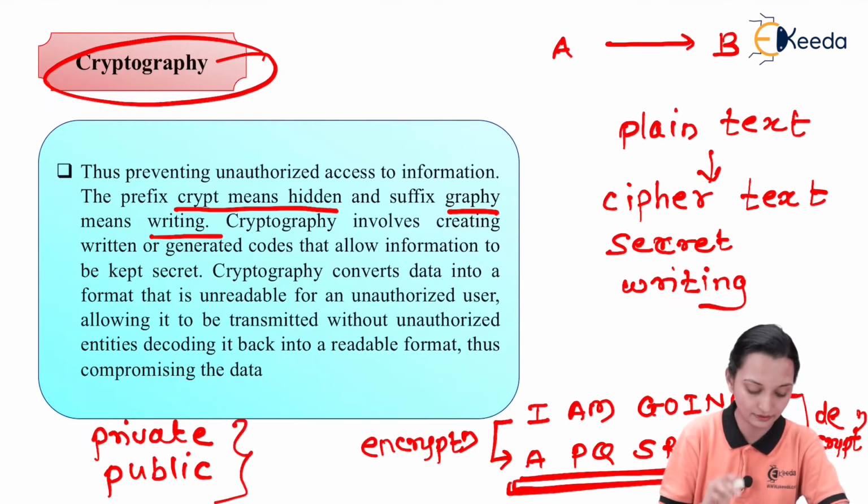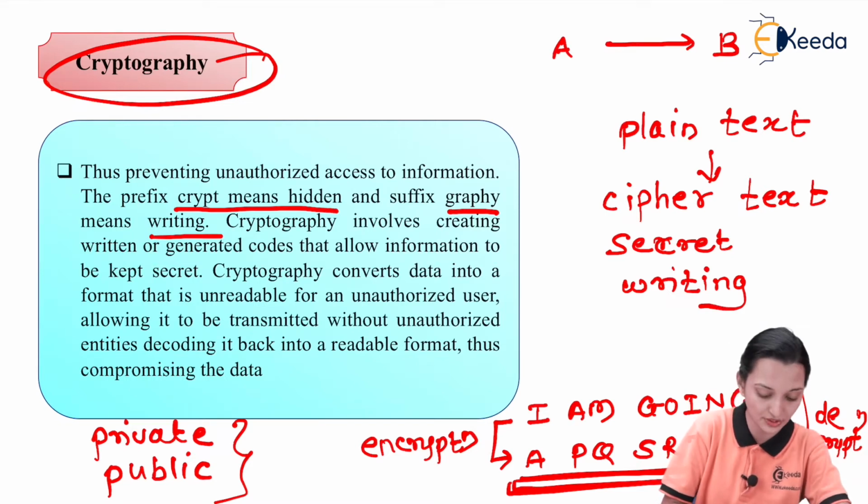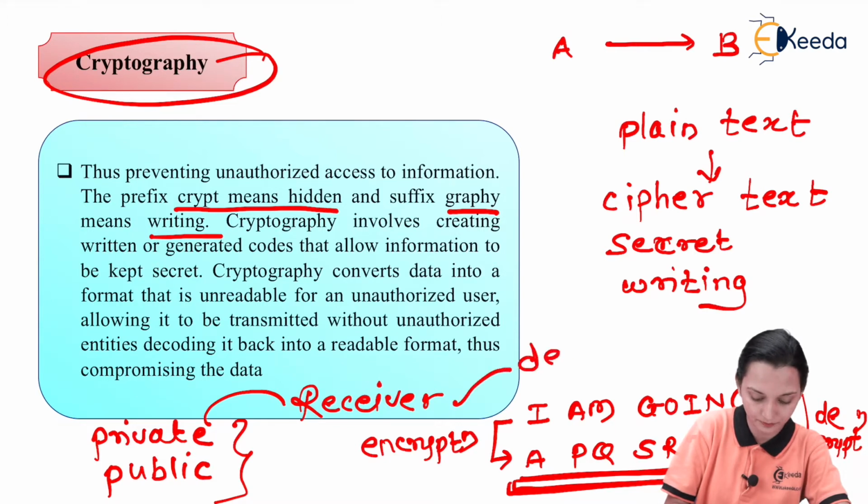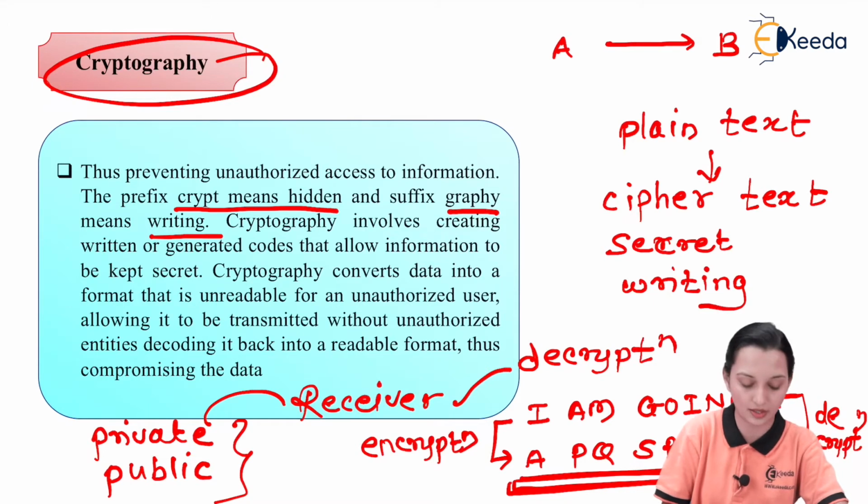In asymmetric key cryptography, the private key can only be used by the receiver for the purpose of decryption. In symmetric key cryptography, the private key is used by the sender as well as the receiver. They will exchange the key for the encryption and decryption process.